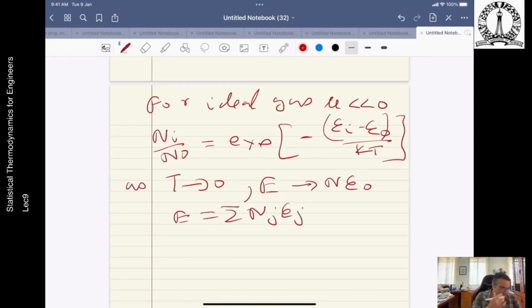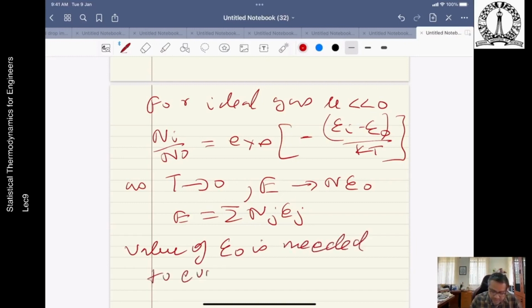So the value of E naught is needed to evaluate any properties involving U.